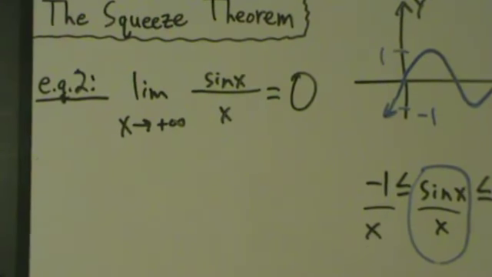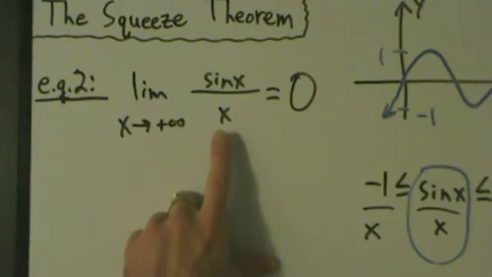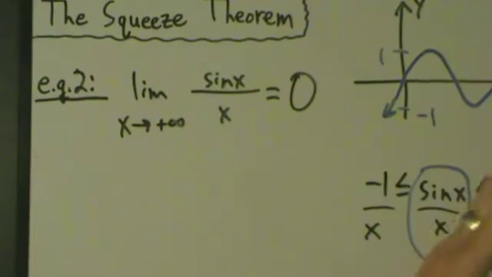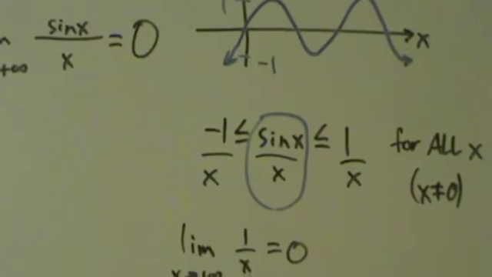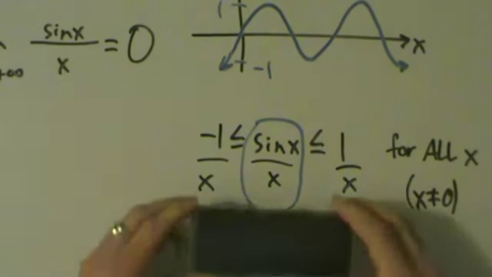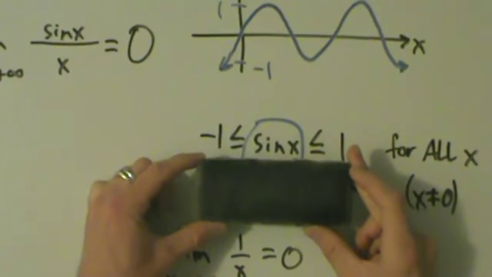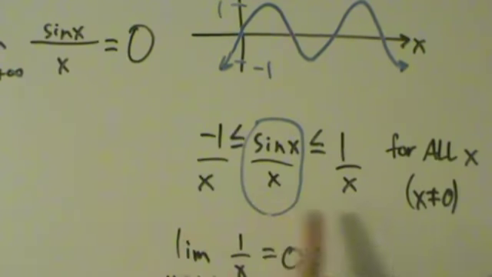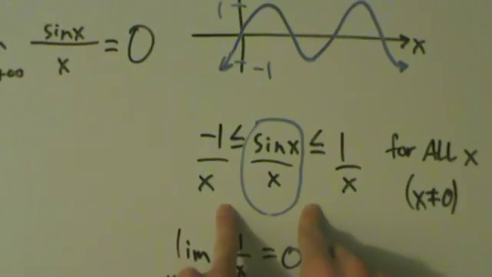All right. So again, just to recap real quick what happened here. So sine of x over x, we don't really know how to deal with that directly because as x goes to infinity, sine of x just bounces back and forth between 1 and negative 1. But if we use this kind of analysis here, so like we just said, negative 1 is less than or equal to sine of x is less than or equal to 1 for all x, right? And now we can divide everything by x and say this. And now we have to make the restriction that x is not equal to 0.